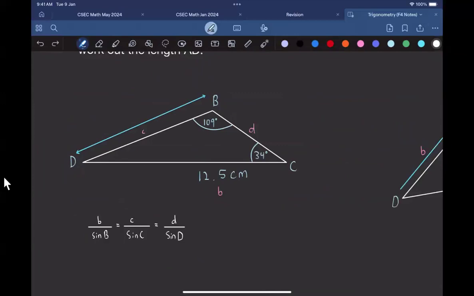Using the sine rule, we put 12.5 centimeters over sine 109 degrees for b over sine B. And what is the other one I'm going to use? C over sine 34.